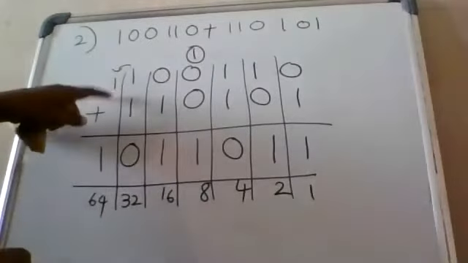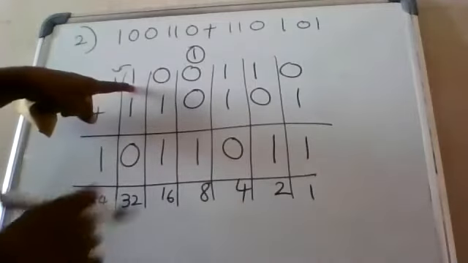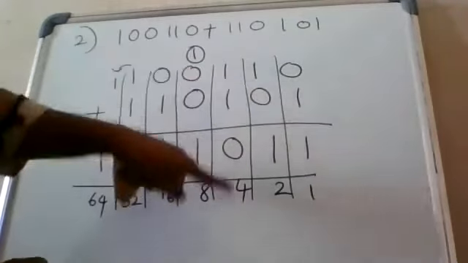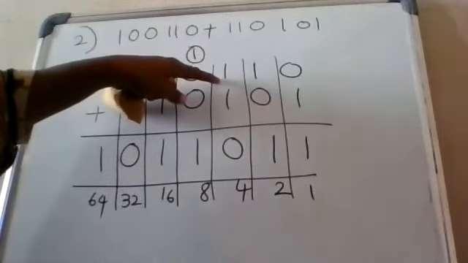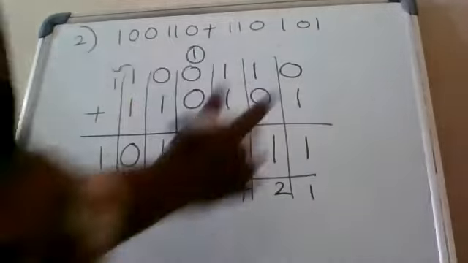So this is the carry value. Here 1 means 32. 32 plus 4, 36. 36 plus 2, 38.